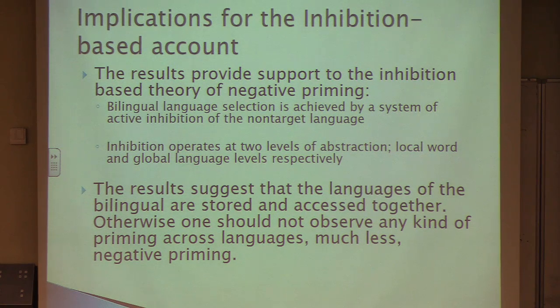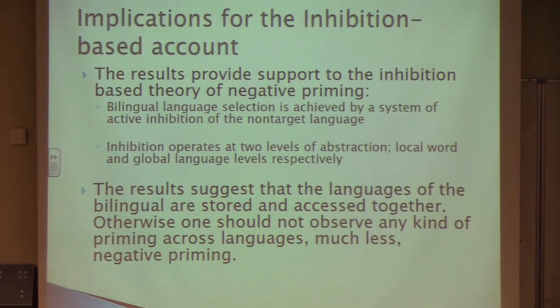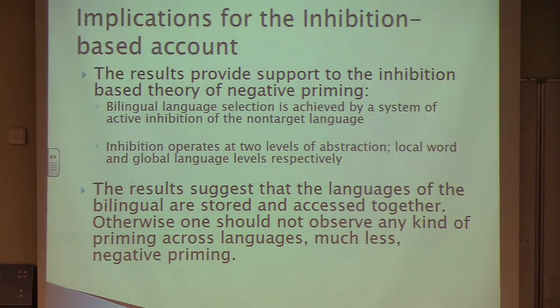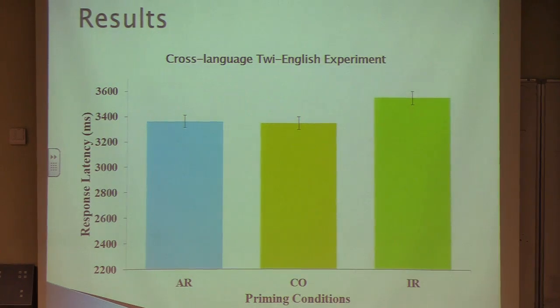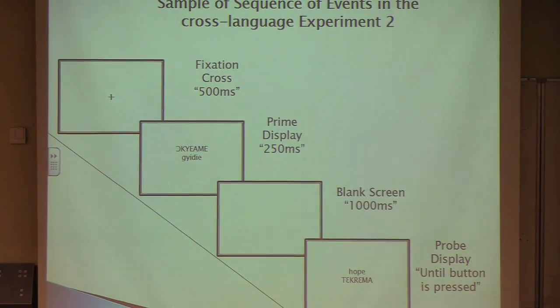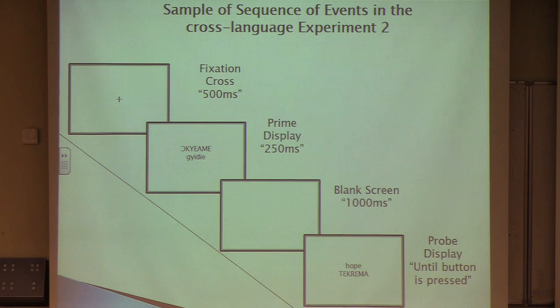So it implies that for me to be able to speak in one language, the other language has to be inhibited. And two, it also shows that inhibition can operate at two levels. The first is a local level, whereby a particular word has to be inhibited in order to name another word. And at the global level, a whole language system has to be inhibited so that another task could be performed in another language.